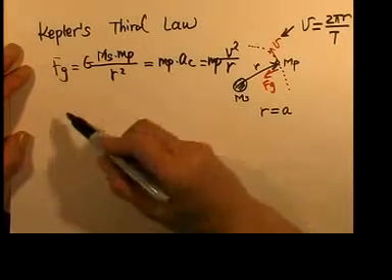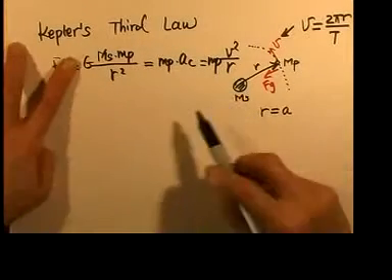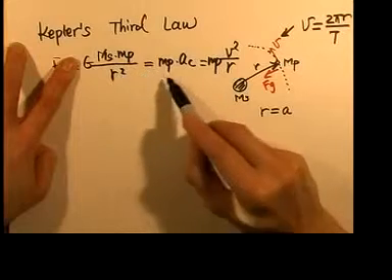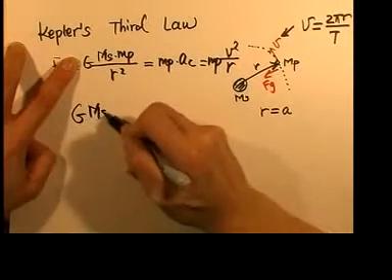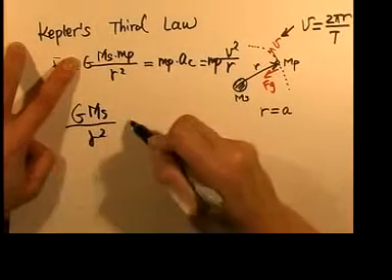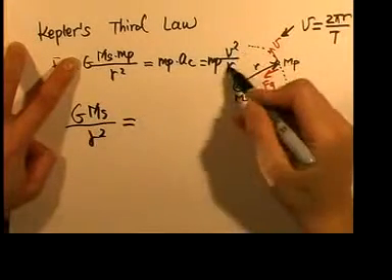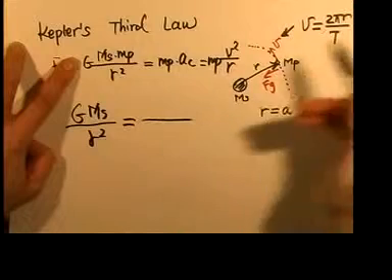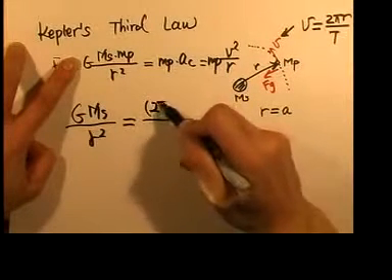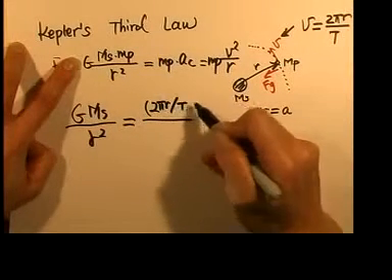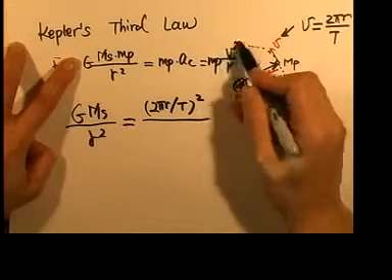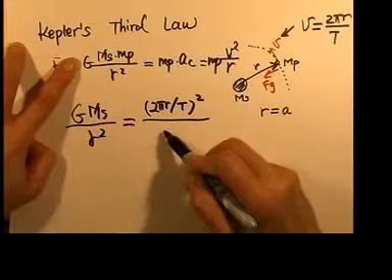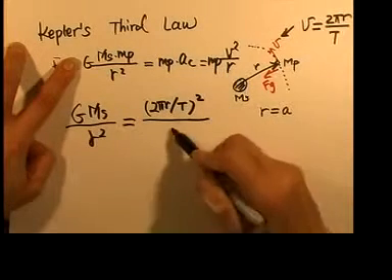So if we look at this equation, the mass of the planet simply cancels. We have capital G, mass of the sun, over r squared equals, on the other side, v squared over r. v can be replaced by 2 pi r divided by the period. v is squared right here because centripetal acceleration is v squared over r, and divided by this little r.